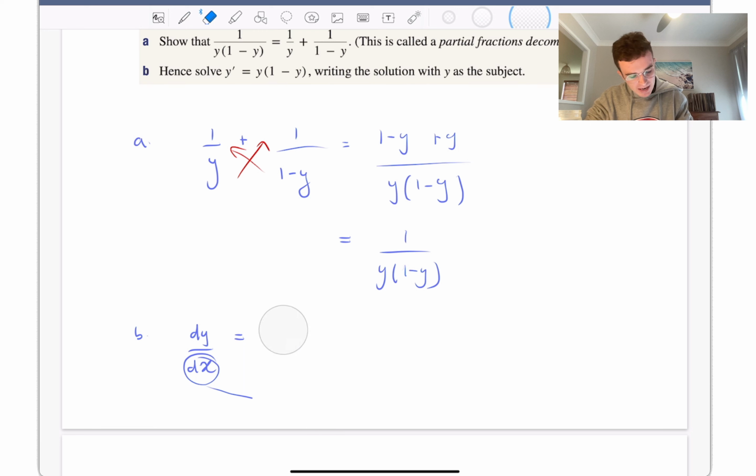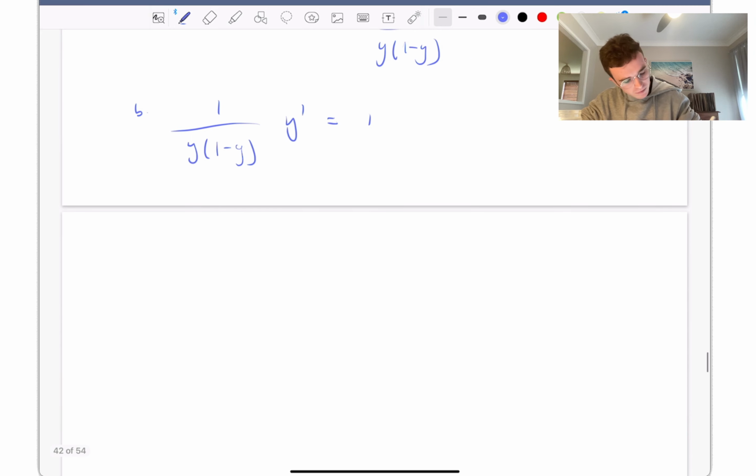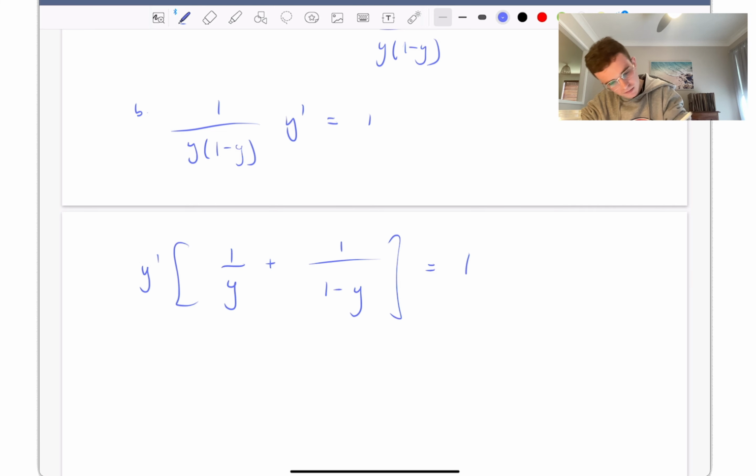The only way we can solve this is by putting everything involving y onto the other side. So 1 over y(1 minus y), times y dash, is equal to 1. But we've just shown in the previous question that this is 1 on y plus 1 on 1 minus y, and that's equal to 1.